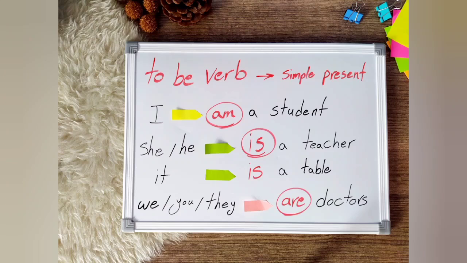It is a table. We are doctors. You are doctors. They are doctors. So we can use am, is, and are in simple present tense. These are our to be verbs in this tense.